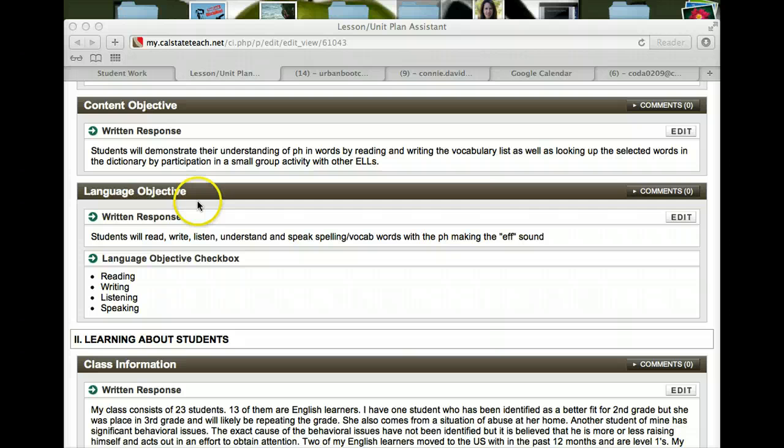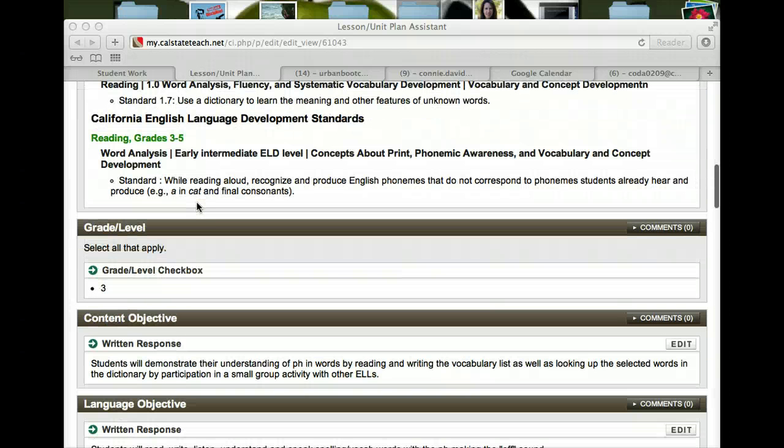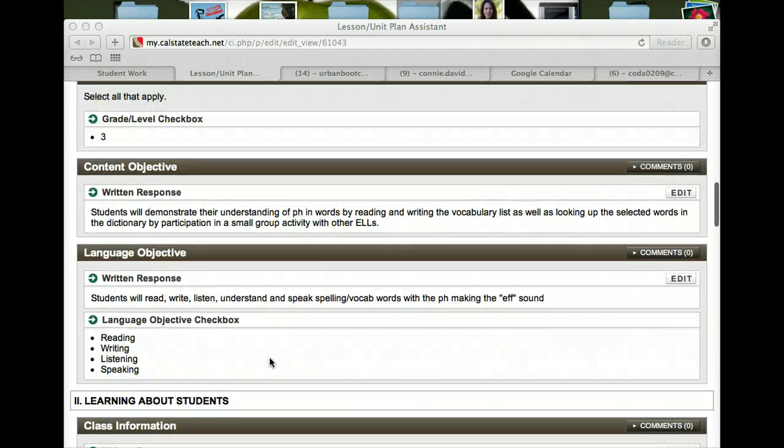Now, when it says language objective, they are talking about English language development objective. You have to write this objective out. "Students will read, write, listen, and understand and speak spelling and vocabulary words with the PH sound." That does not work. For an ELD student, what is it that you expect to see?